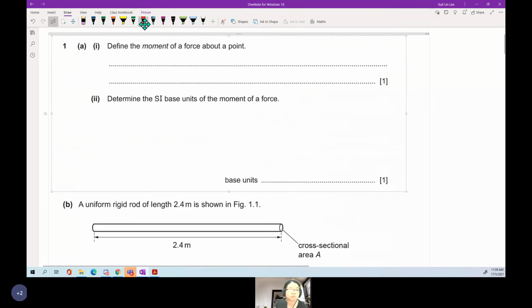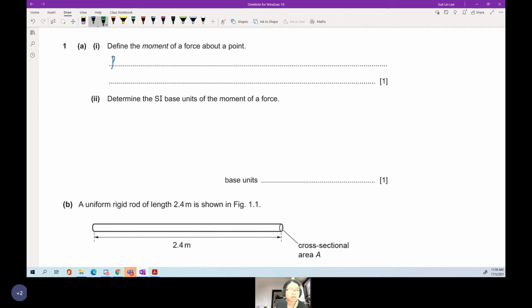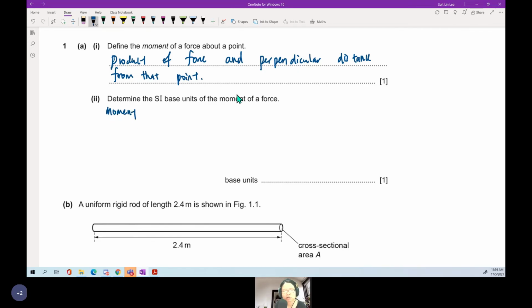All right. Define moment of force about a point. This one is the product of force and perpendicular distance from that point. Determine the SI base unit for moment of force. Moment of force is also known as torque.